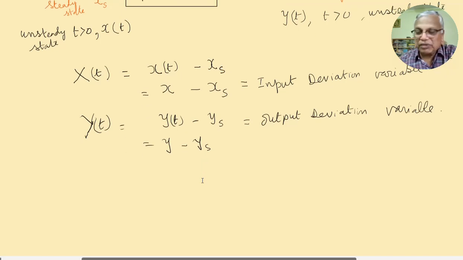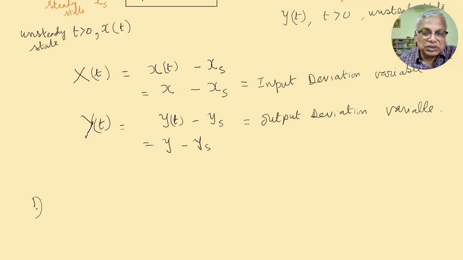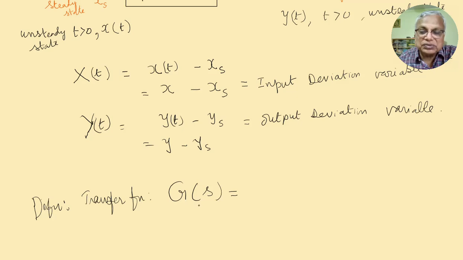Then we define the transfer function in terms of these deviation variables and in terms of Laplace transform. G is the symbol for transfer function.